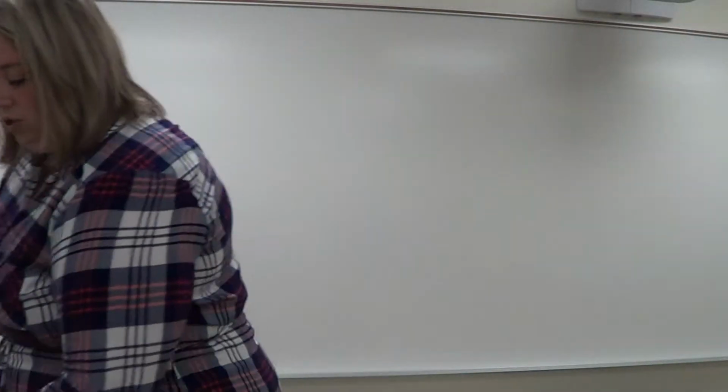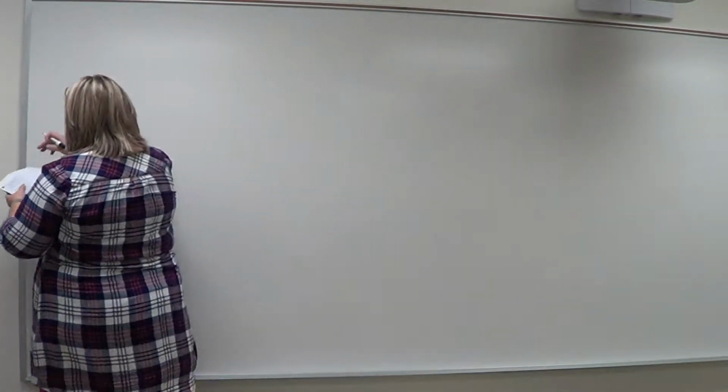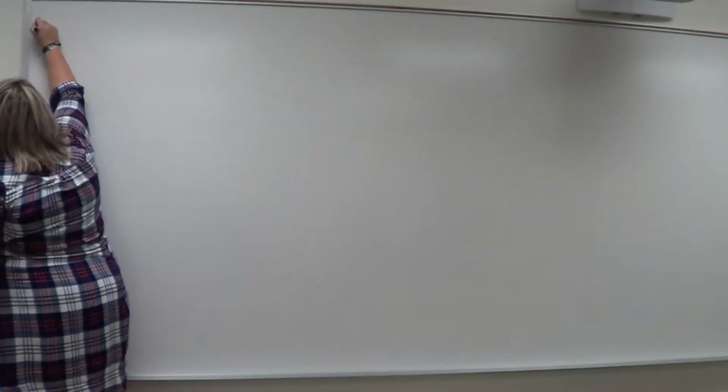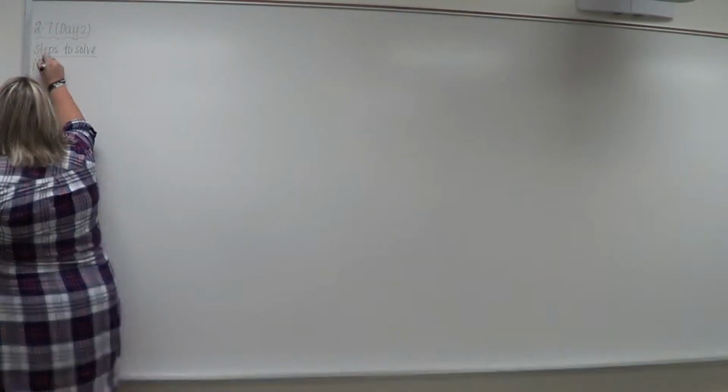Okay, so today we're still doing inequalities, but this time it's going to be your rational inequalities, which means these are when you have variables in the denominator. Okay, so your steps are still the same. You're going to have to find the critical numbers.